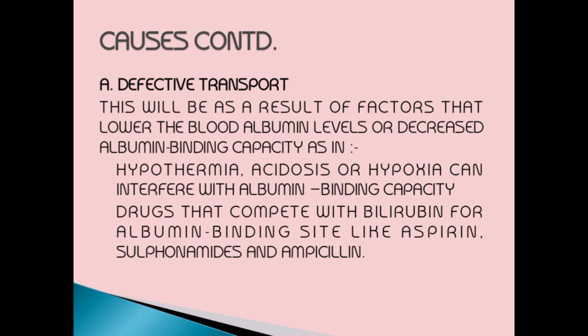So we talk about hypothermia, acidosis, or hypoxemia, which means low levels of oxygen. Like I said, for conjugation to take place, there is need for the presence of oxygen. So if there is hypothermia, acidosis, or hypoxemia, they can interfere with the albumin binding capacity.